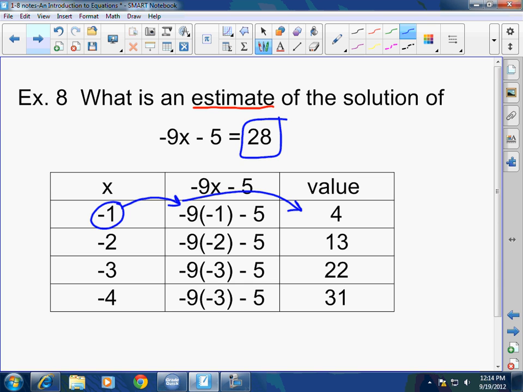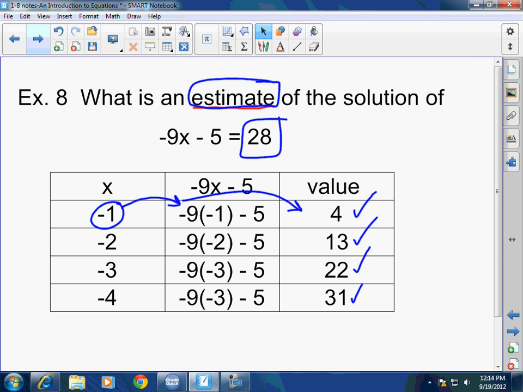When x is negative 1, the value is 4. That's not 28. When x is negative 2, the value is 13. That's not 28. When x is negative 3, the value is 22. That's not 28. When x is negative 4, the value is 31. That's not 28. So what is the estimate of the solution? Yes, sir.